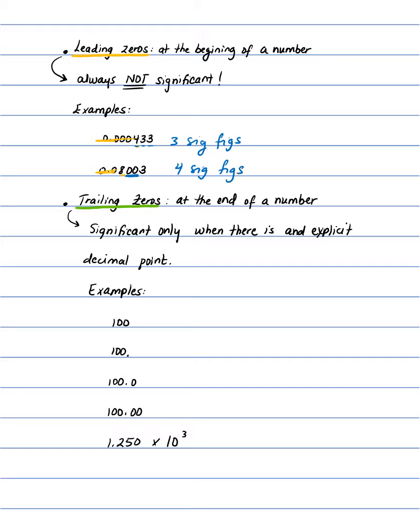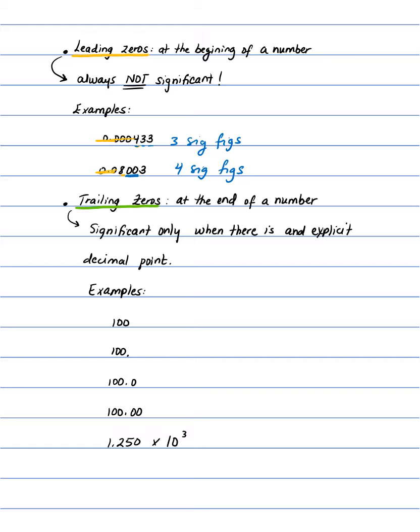The last type of zero that you can have in a number are trailing zeros. So you have 3 types: confined zeros, always significant; leading zeros, always not significant; and then trailing zeros, which can be significant or not significant.